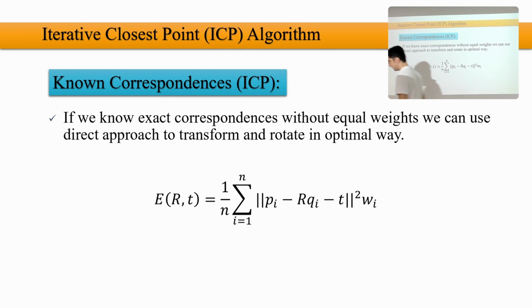But let's have a look at, first of all, known correspondences for ICP, iterative closest point. So we say if we know exactly which point is which point, if I know the correspondences, then I can do just math calculation to minimize the error.